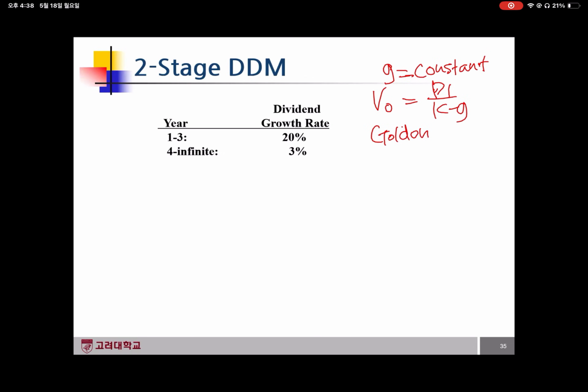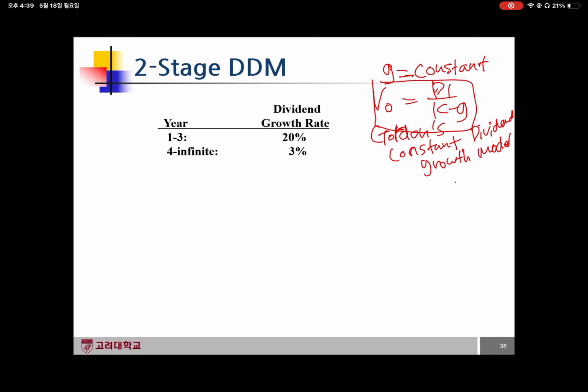Gordon is a professor in finance, Myron Gordon. If we assume the dividend will grow at a constant growth rate, this model is called Gordon's constant dividend growth model, or Gordon's constant dividend discount model.